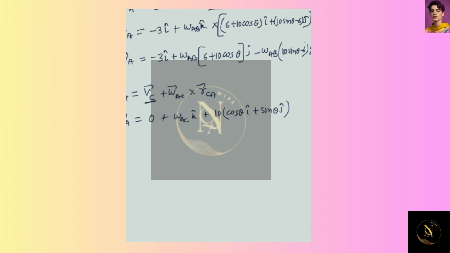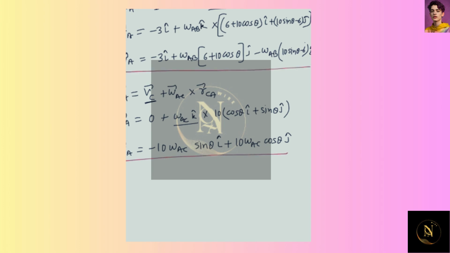Okay, so now performing the cross product, V_A vector will be equal to minus 10 omega_AC sin theta i cap plus 10 omega_AC cos theta j cap.